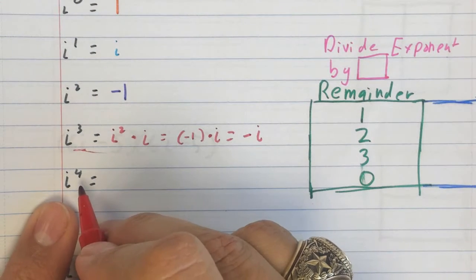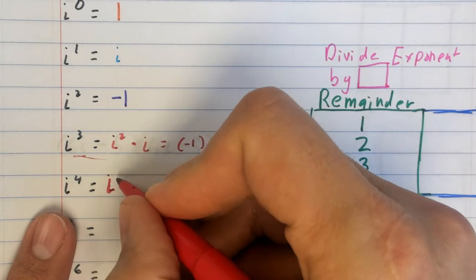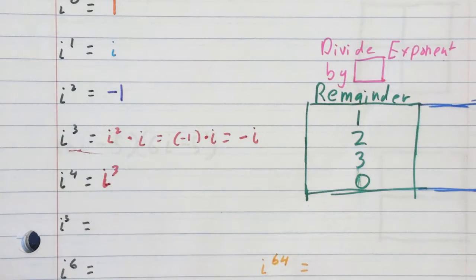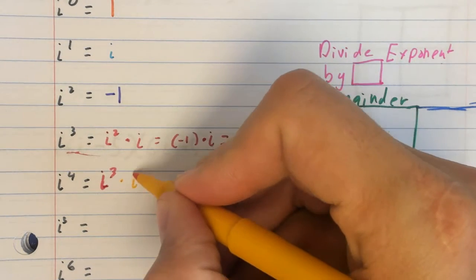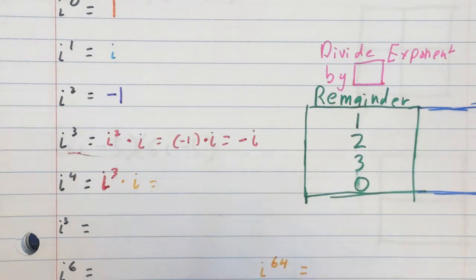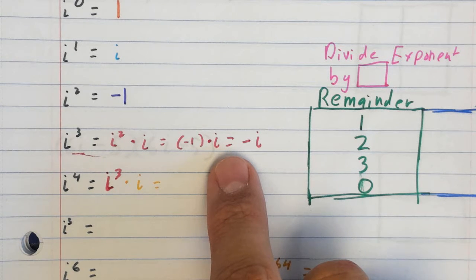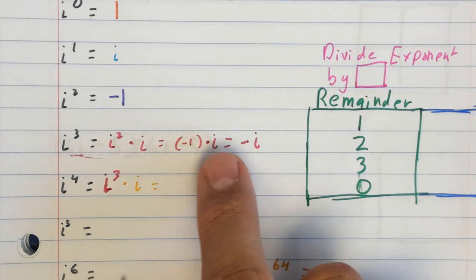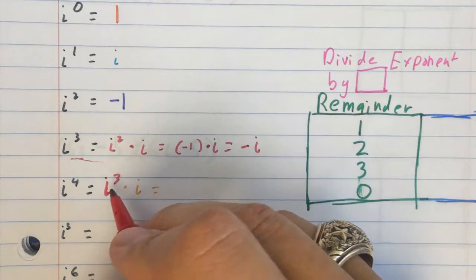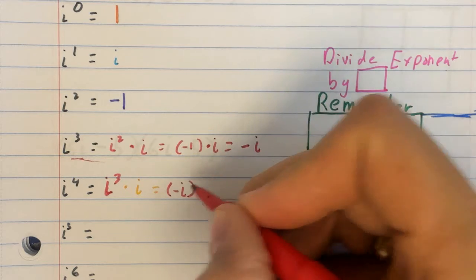Then we can change this piece right here. We have I to the fourth. This is the same as having I to the third, and then we're going to multiply it again by I. I to the third is the same as -I.